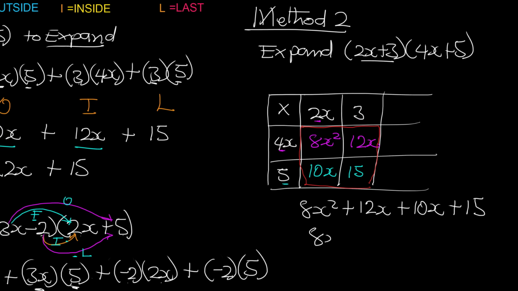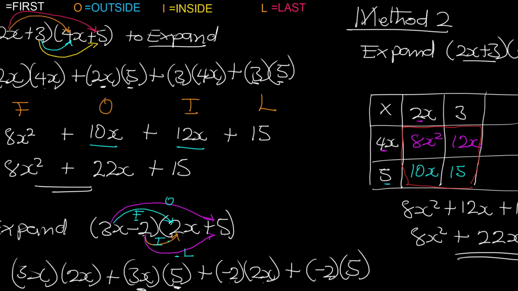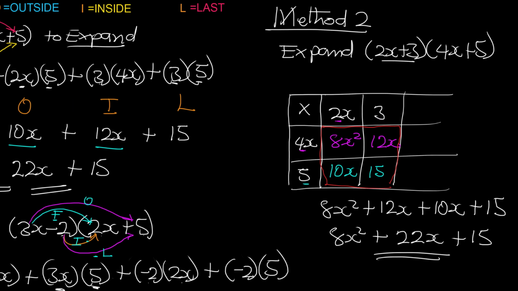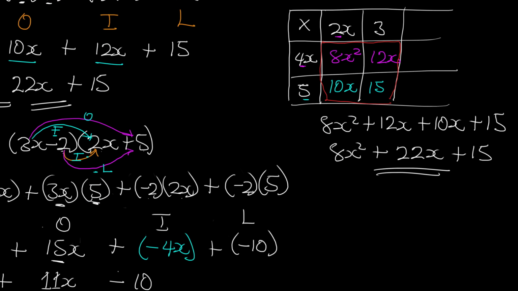We have 8x squared plus 12x plus 10x is 22x plus 15. This is the same result we got in the first method. Good. We can proceed to try and solve the second example with this method.